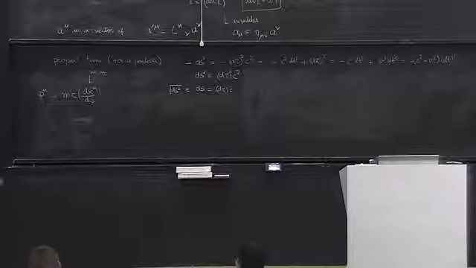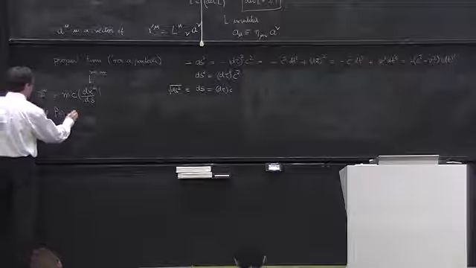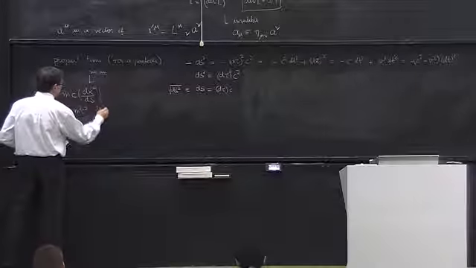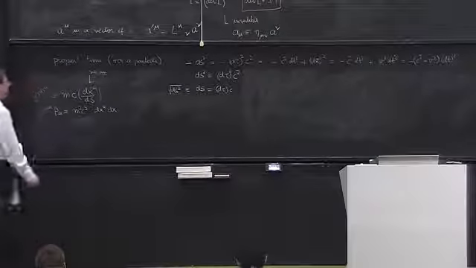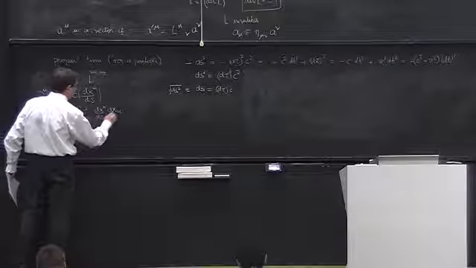It has a nice property: p mu p mu is equal to m squared c squared dx mu dx mu over ds squared.